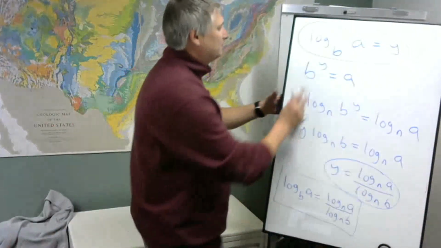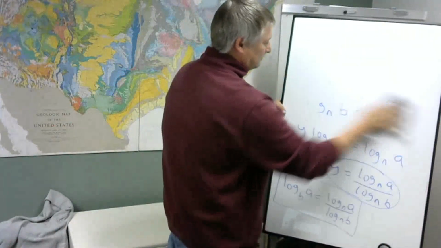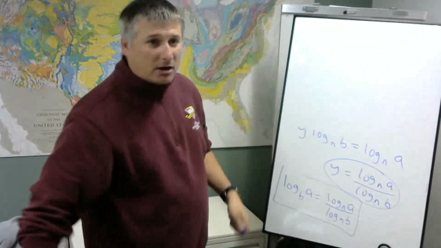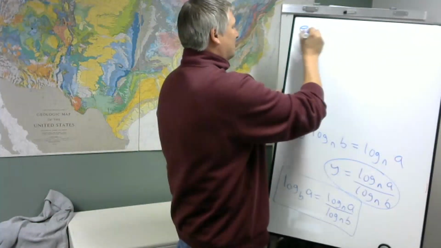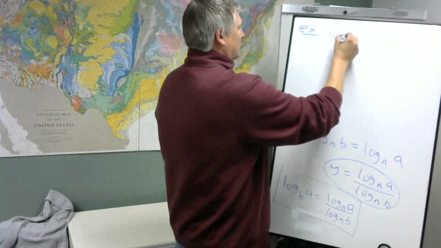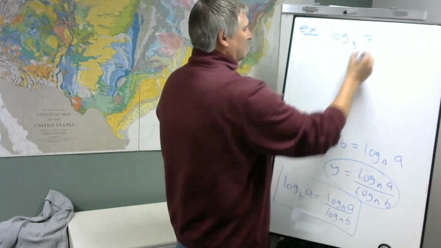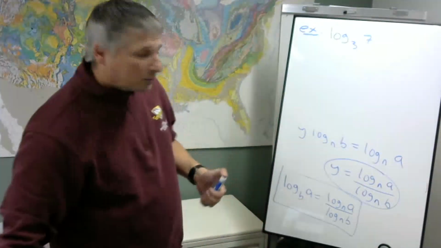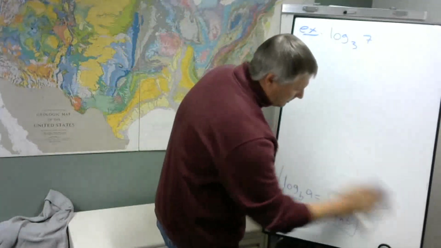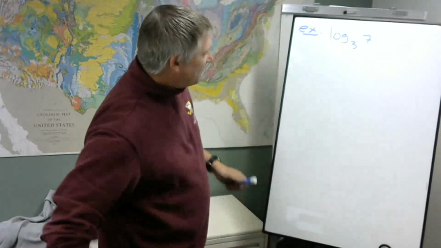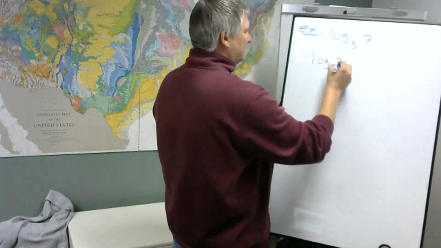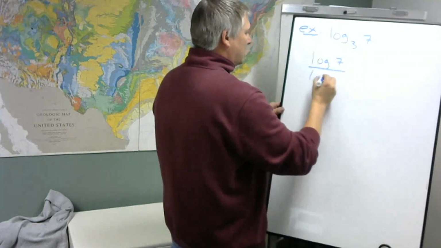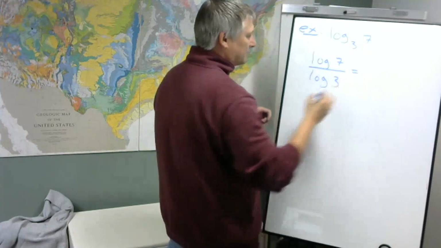So for example, let's go back to log base 3 of 7. According to our rule, we can write this as log base 10 of 7 over log base 10 of 3.